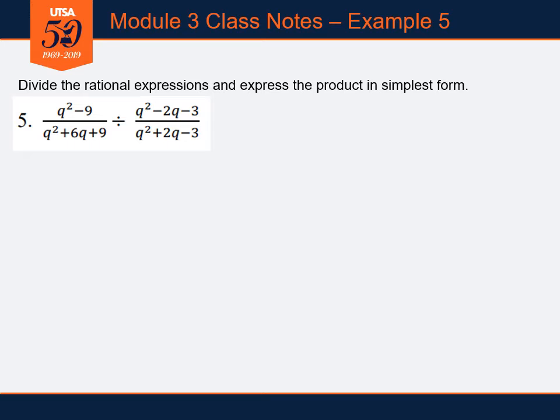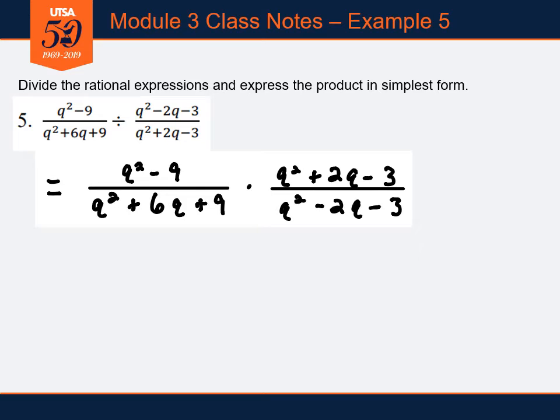Let's see what I mean there. Division is equal to multiplication by the reciprocal. What I've got here is the same first fraction, q squared minus 9 over q squared plus 6q plus 9. I changed division to multiplication, and I took the reciprocal of the second fraction.